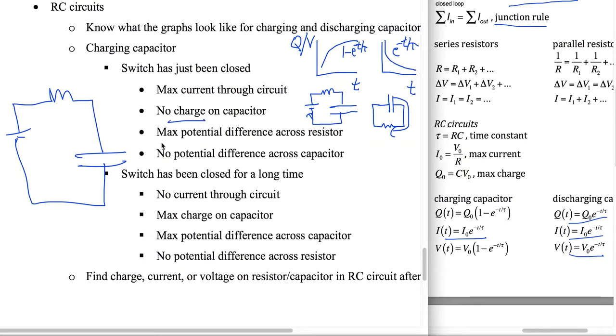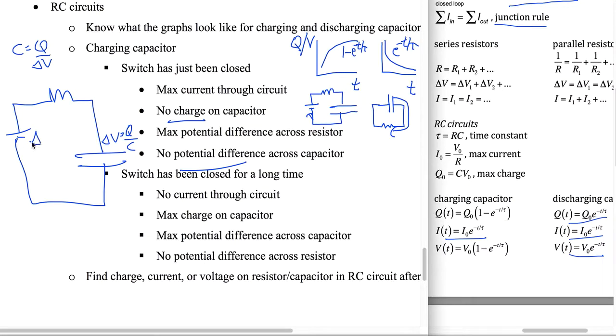So there's no charge on the capacitor, and if there's no charge, then there's no potential difference across the capacitor. Because if you remember the equation that the capacitance is the charge per delta V, then delta V would be equal to the charge per capacitance. If there's no charge, there's no voltage.